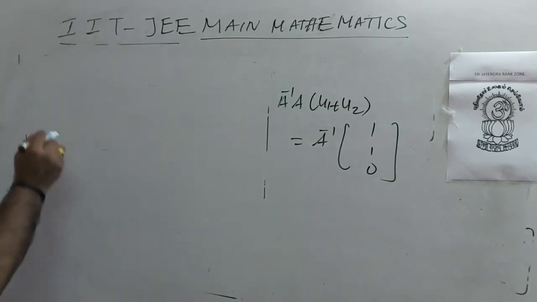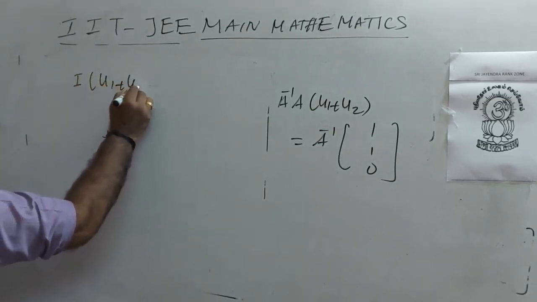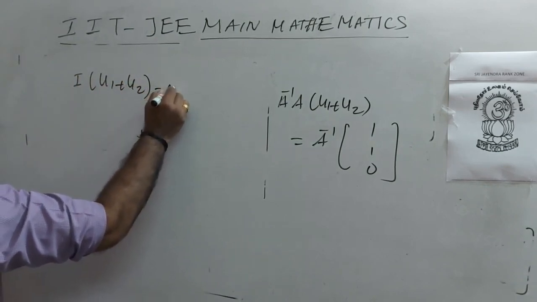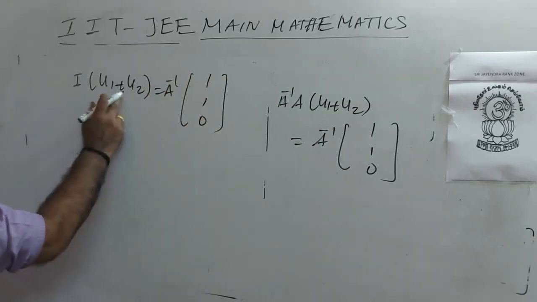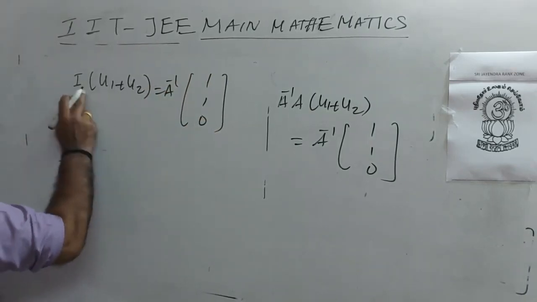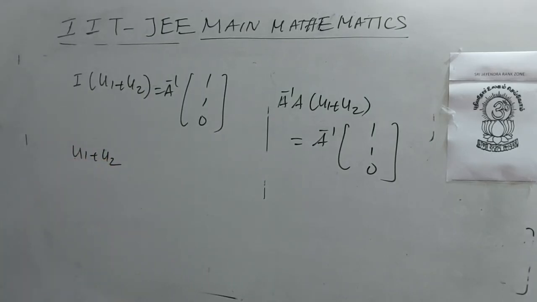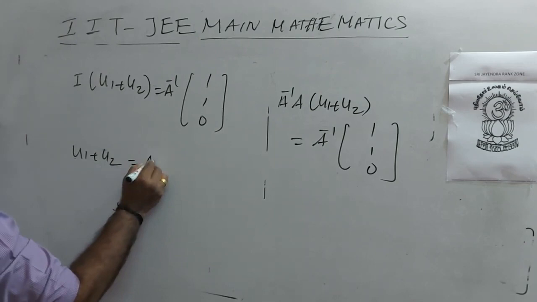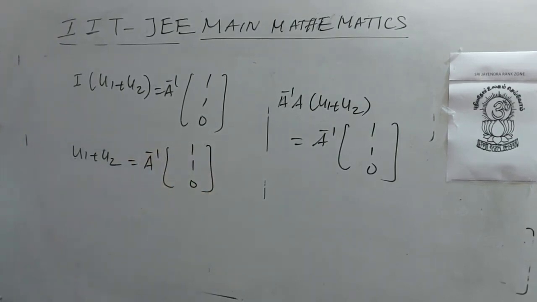A inverse into A equal to I. It's a unit matrix. So U1 plus U2 equal to A inverse into 1 1 0. I into unit matrix. If you multiply this, get U1 plus U2 equal to A inverse into 1 1 0.